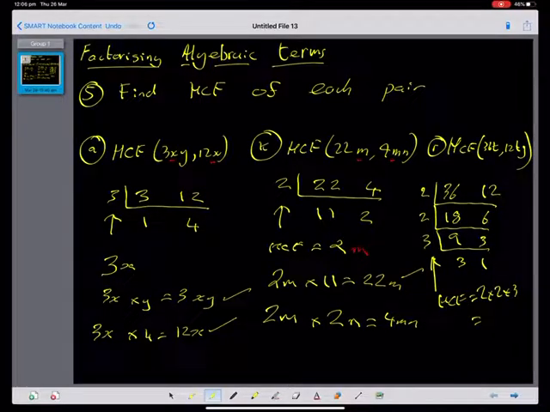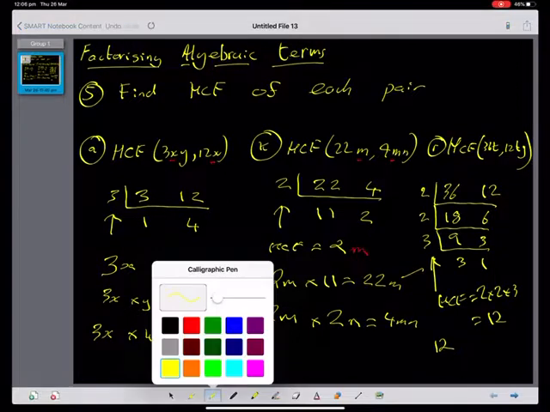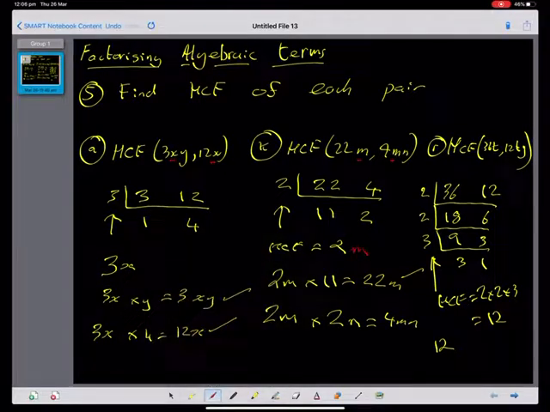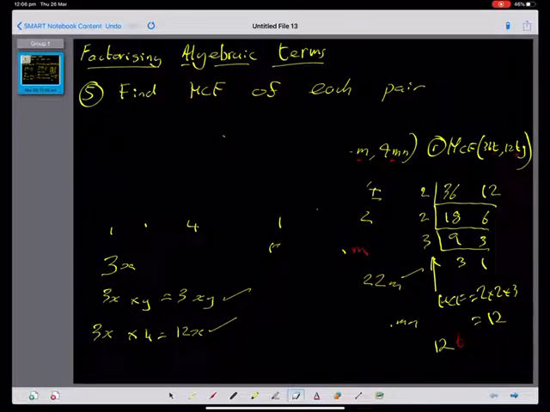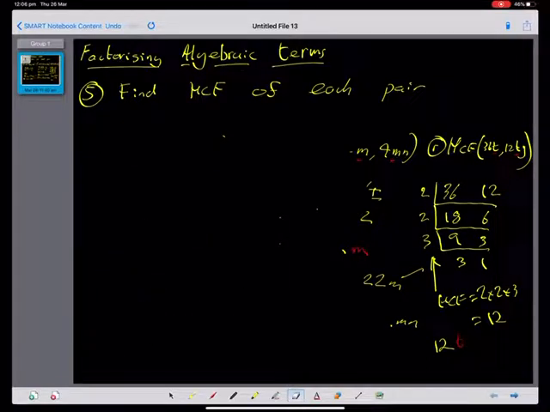2 2s are 4, 3 4s are 12. Okay, so we got 12, and what's common in both? We only have a t common. So it's 12t. And let's finally show that 12t is a factor of both.